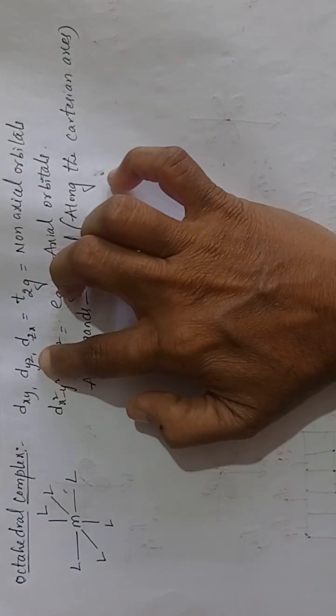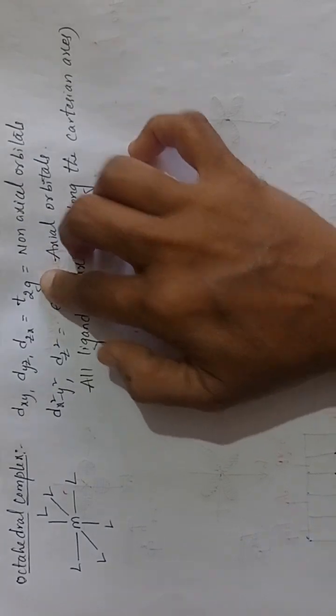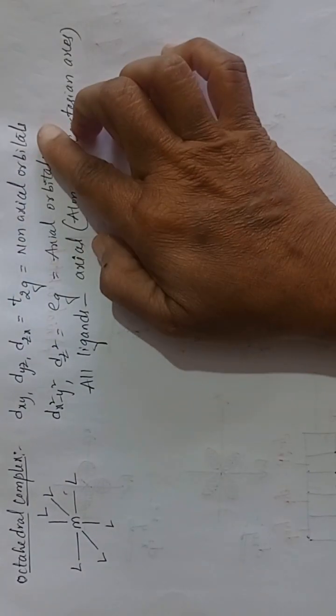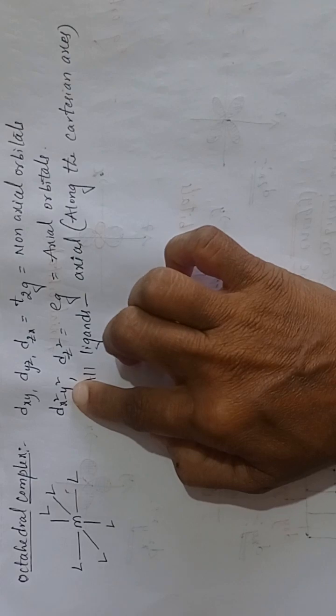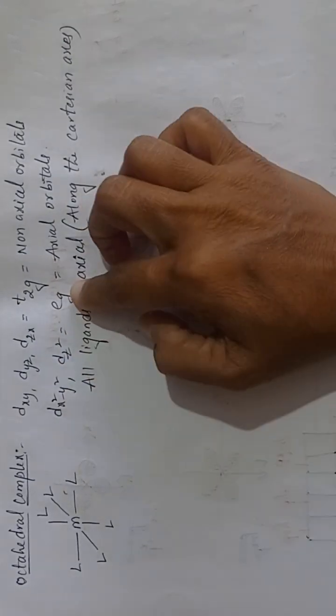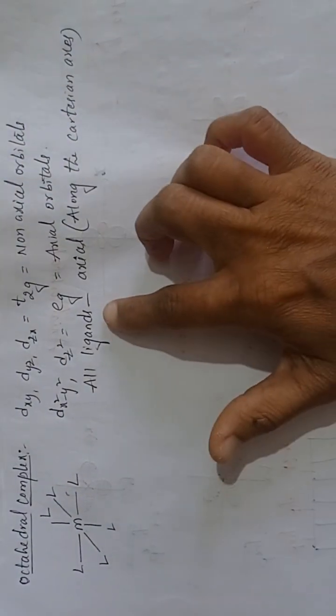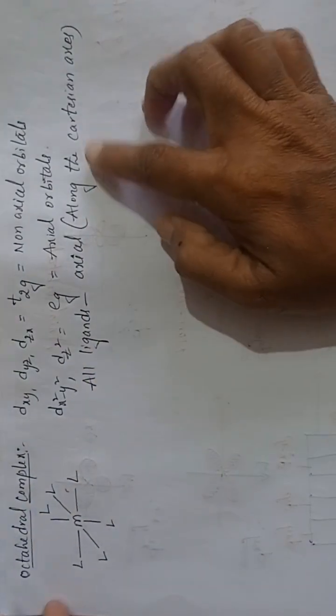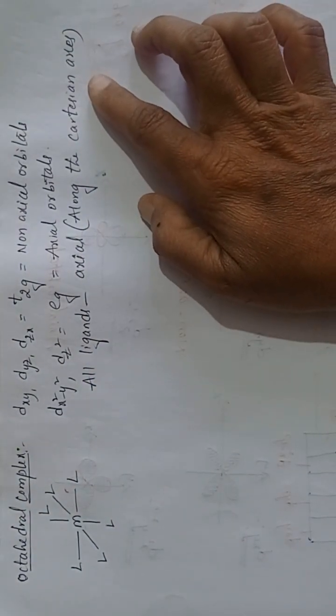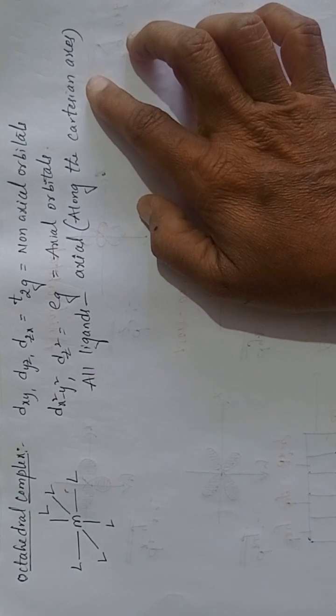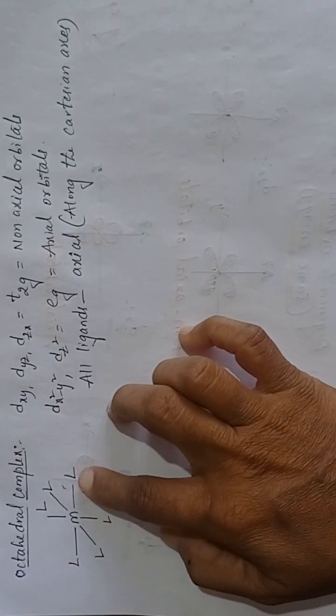Next, dxy, dyz, dzx are the T2g non-axial orbitals, and dx square minus y square and dz square are the eg axial orbitals. All ligands are axial, along the Cartesian axes.